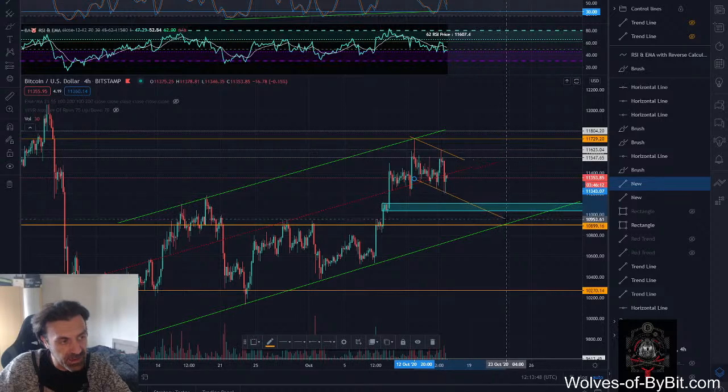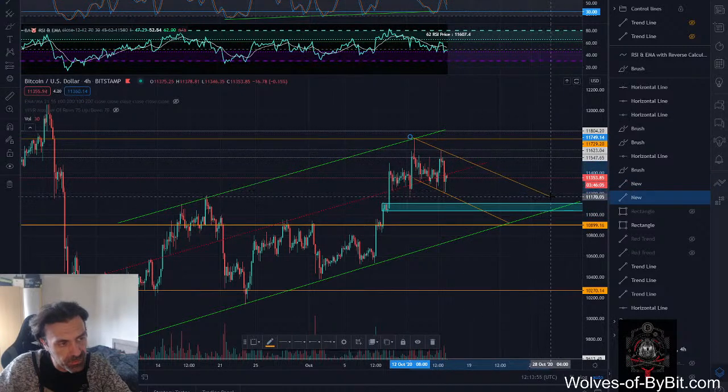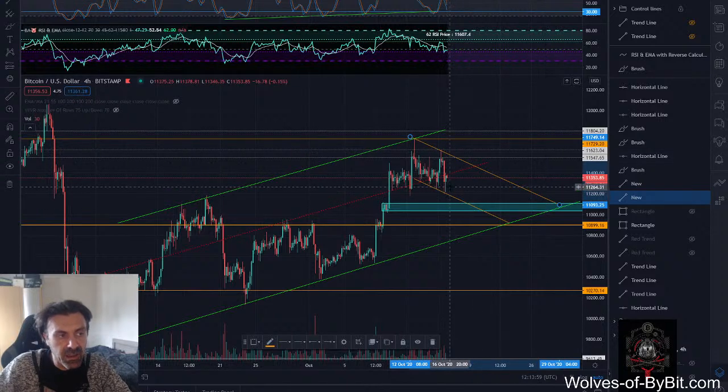Now let's extend this a little bit further. As you can see, if we would range within this channel, we could see the blue box being retested.